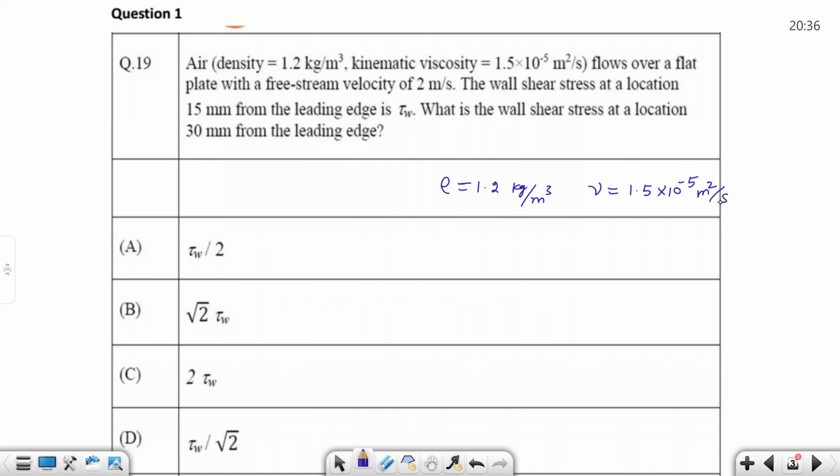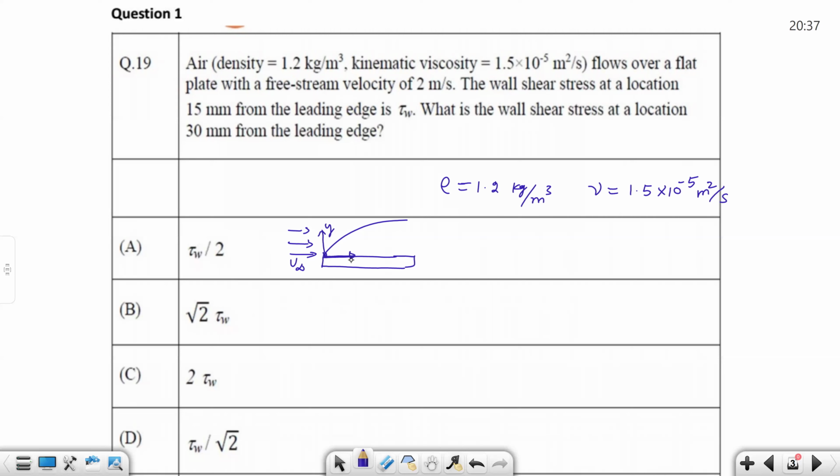Flows over a flat plate with a free stream velocity. So you have a flat plate. The fluid flows with a free stream velocity u infinite and forms a boundary layer. This is your normal direction y.